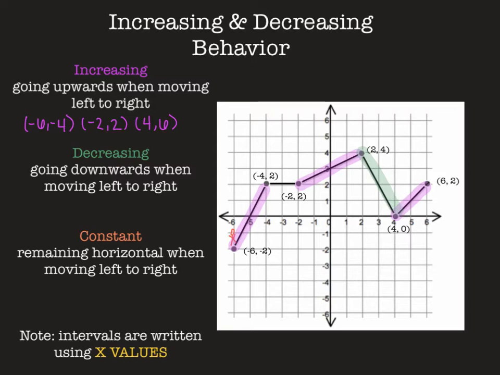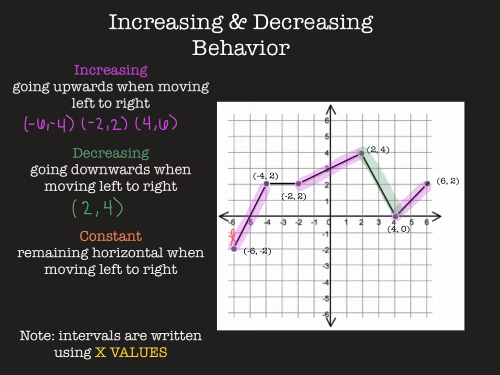And you can see that that's it, right? Our graph is done after that point. We can just list the X values where we're decreasing. So we are decreasing between the values of 2 and 4. That's all you need to write for this, the intervals where it's decreasing.